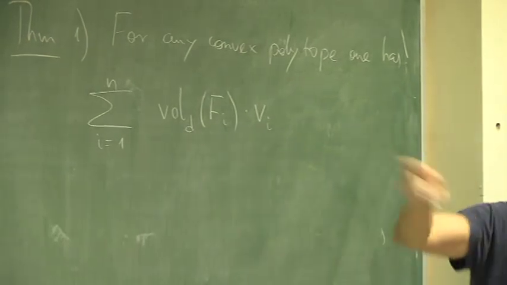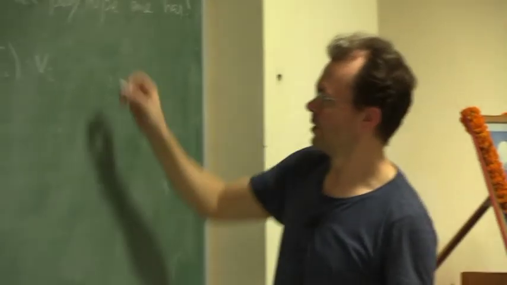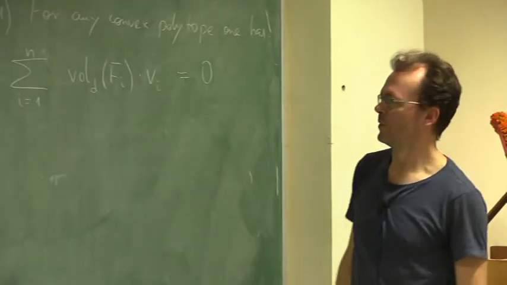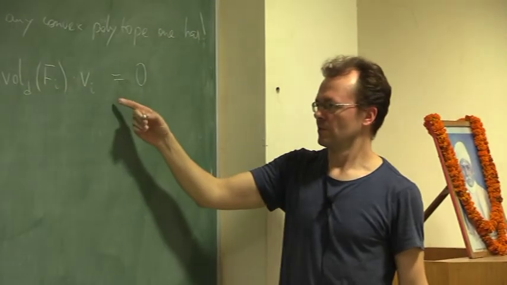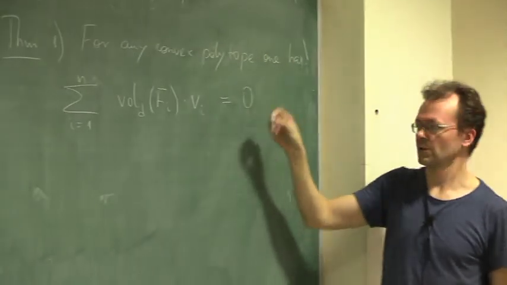So v_i is the outward unit normal to the facet. And this sum is equal to 0. In fact, these are d equations because v_i is a vector, so this is a vector 0.